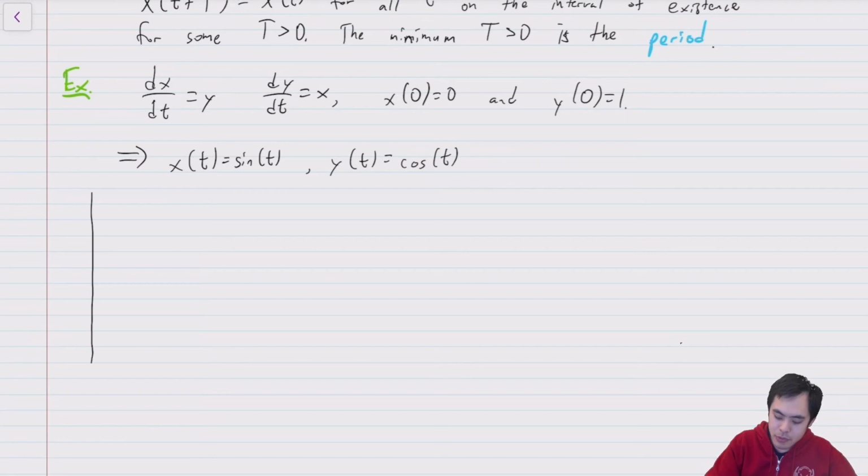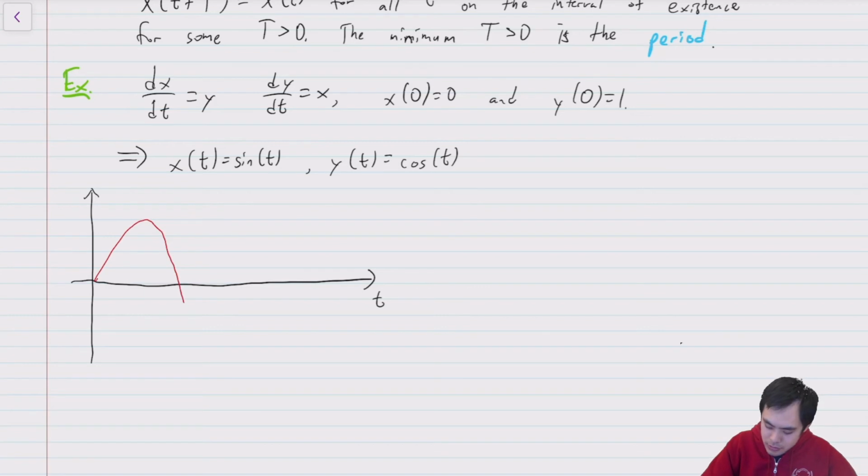And if you draw this out, there are two different ways to draw it. One way of drawing this out is to draw it on the t-axis, and you draw out both x of t and y of t. Well, this looks something like this.